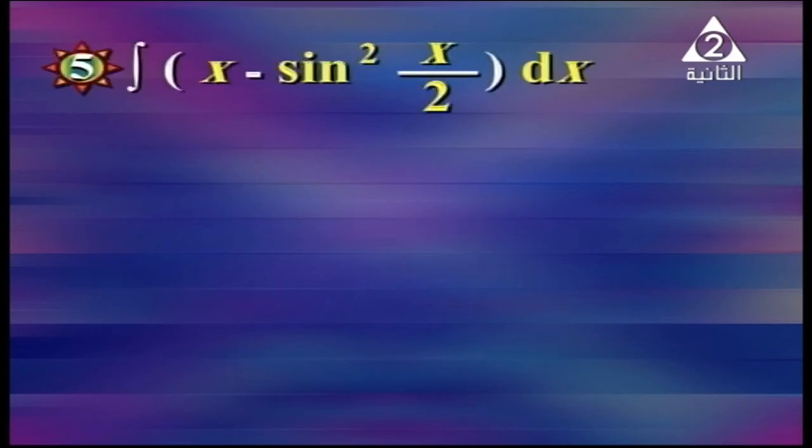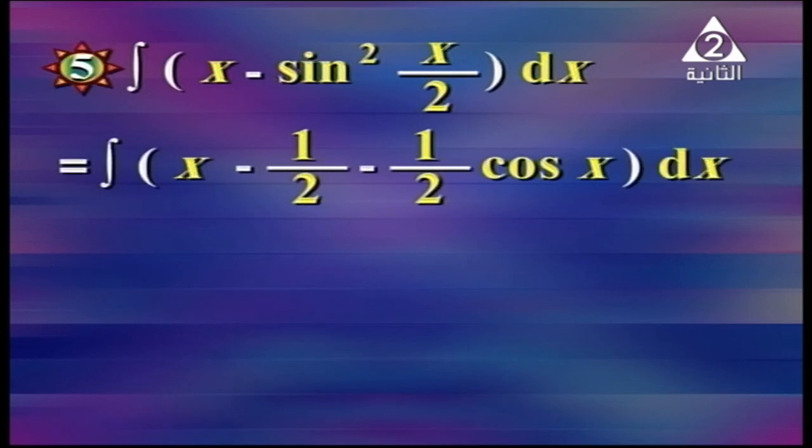Number 5. What is the integration of bracket containing x minus sine squared x over 2 dx? Remember, we replace sine squared x over 2 by 1 over 2 minus 1 over 2 cosine x.